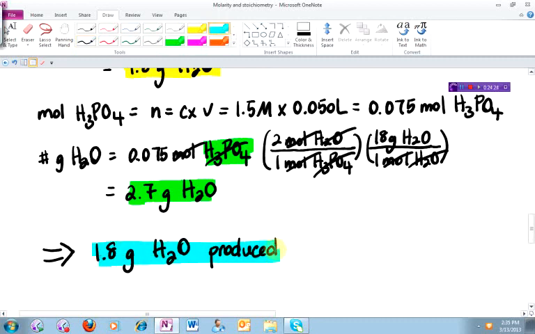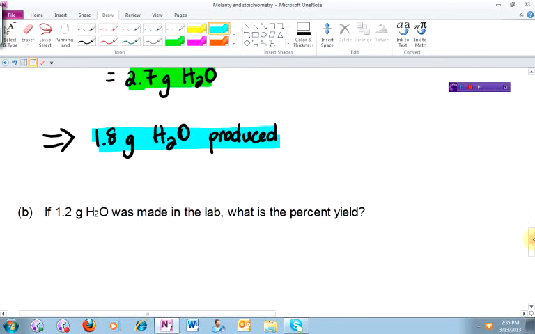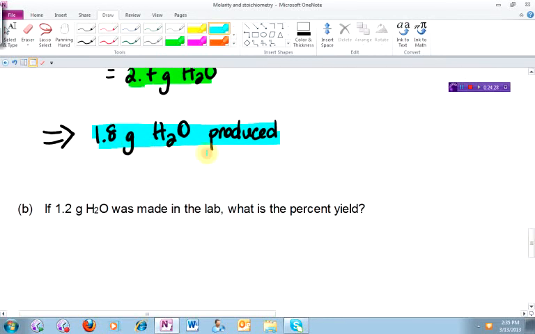All right, and then one last example. Now, this is how much we produce. So theoretically, that's how much we produce from our stoichiometry calculation. When we do the lab, however, we only produce 1.2 grams of water. So we want to know the percent yield.